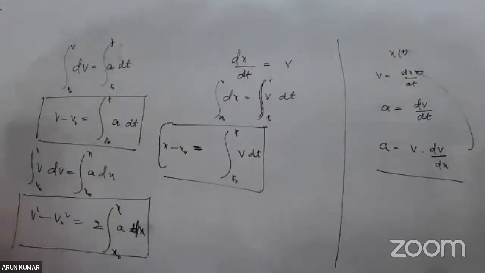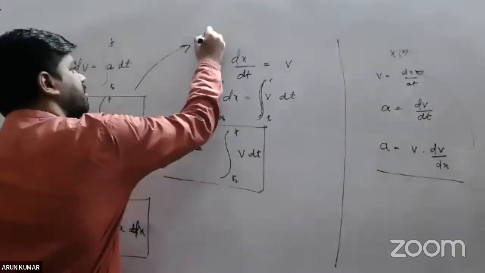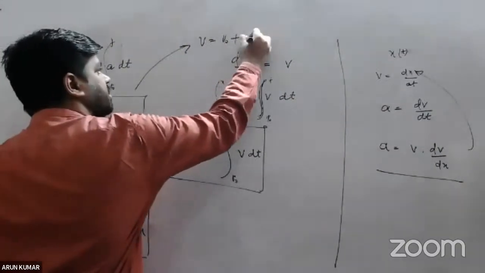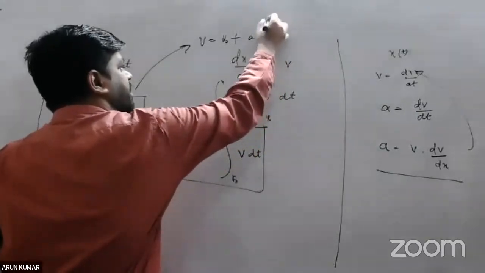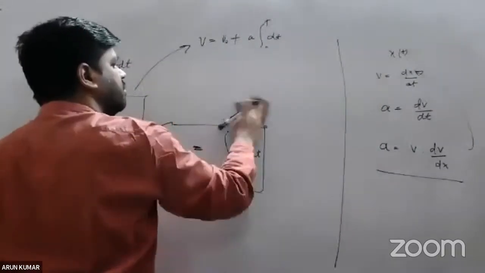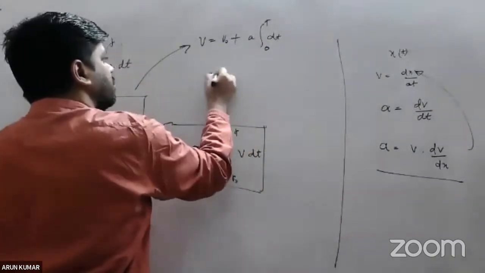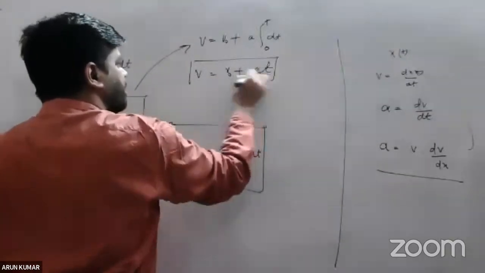2as, let's say if a is constant. What if a is constant? Then from this equation I get v is equal to v naught plus a integral dt from, let's say, 0 to t, which is v naught plus at. I get the basic kinematic equation.